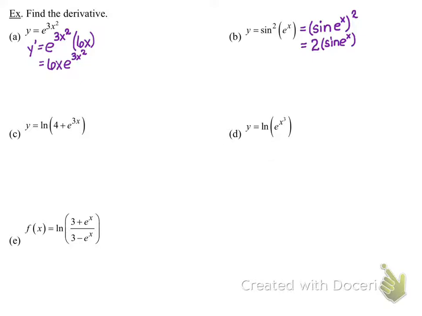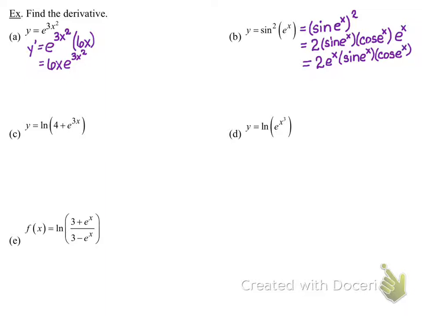Now we're going to take the derivative of sine, and the derivative of sine is cosine. And then we need to look at our innermost layer, which is e to the x. And the derivative of e to the x is e to the x. Finally, we need to write it pretty. Once you've written it pretty, you can move on to the next one.